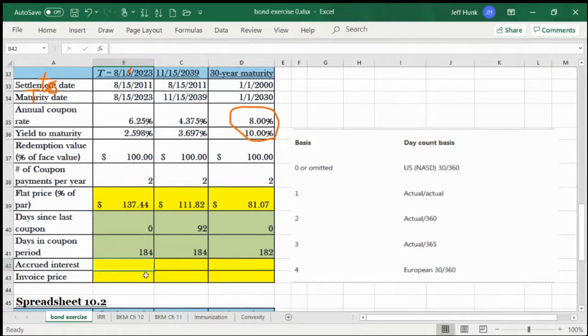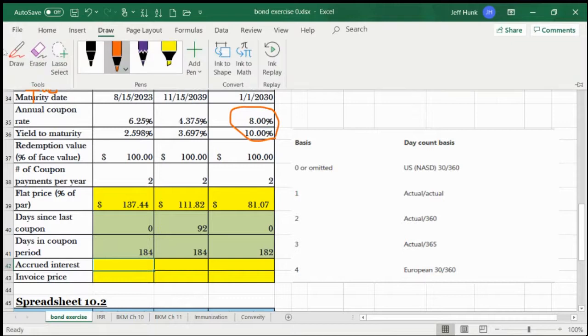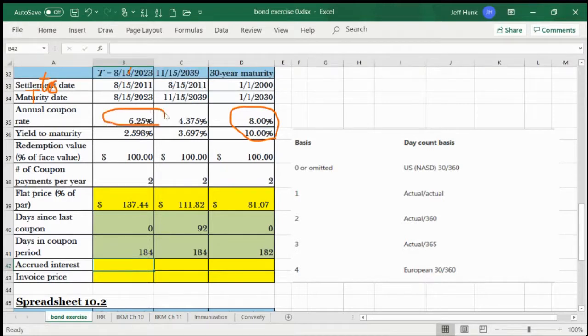Now, accrued interest. Think about it. How do you calculate accrued interest? So we know the half year rate is this, right? Annual coupon rate is this, and then for half a year, you will earn half of that. It's $1,000 times the coupon rate, times half, right?